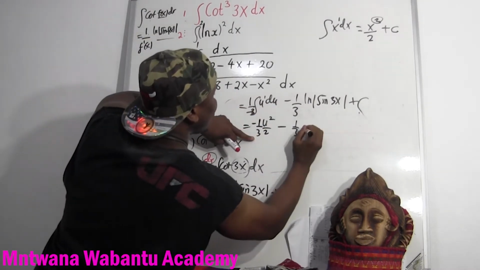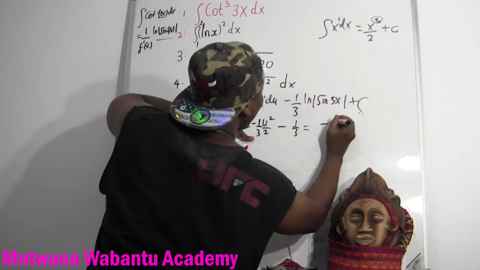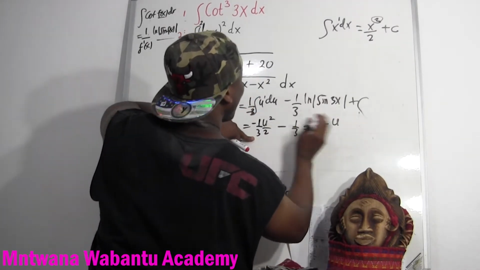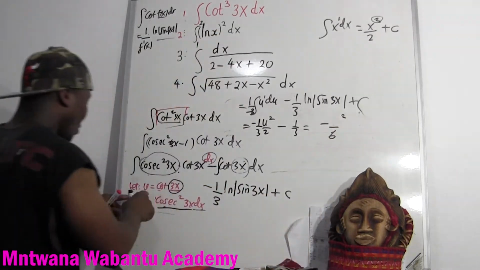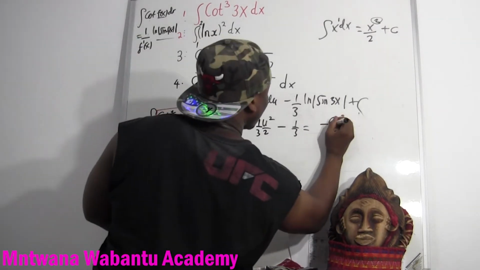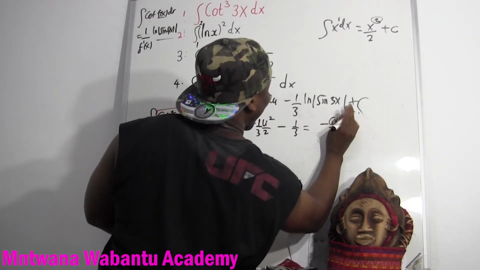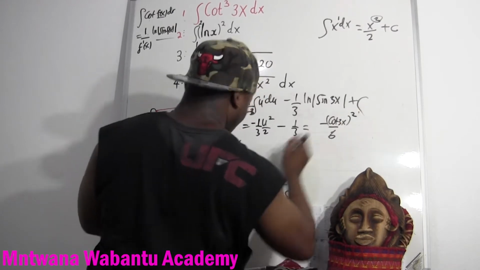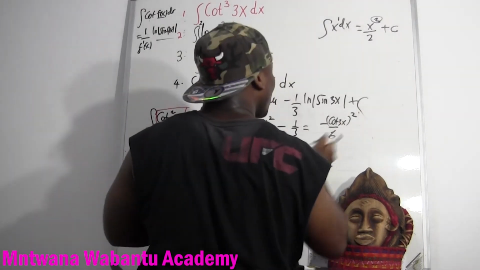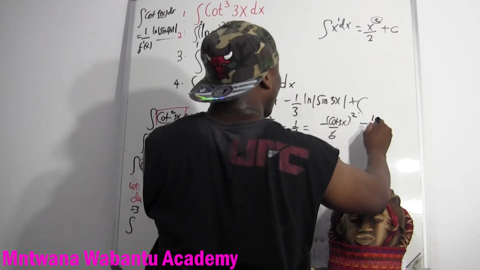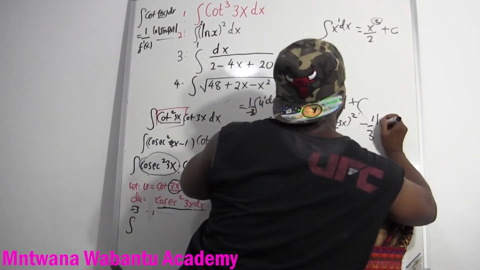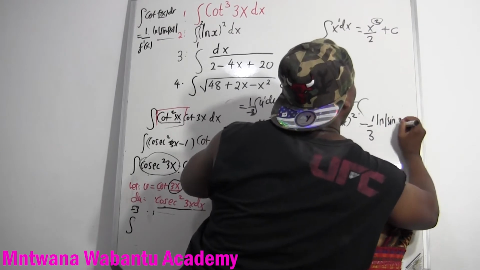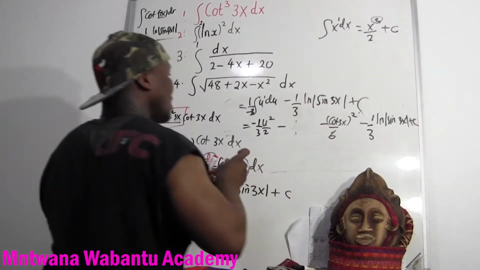So this is going to be equal to negative u square over 6, but you don't write u anymore, you know the value of u. It's cot 3x, so this is going to be cot square 3x, and then minus 1 over 3 ln of sine 3x plus constant. Now it's finished.